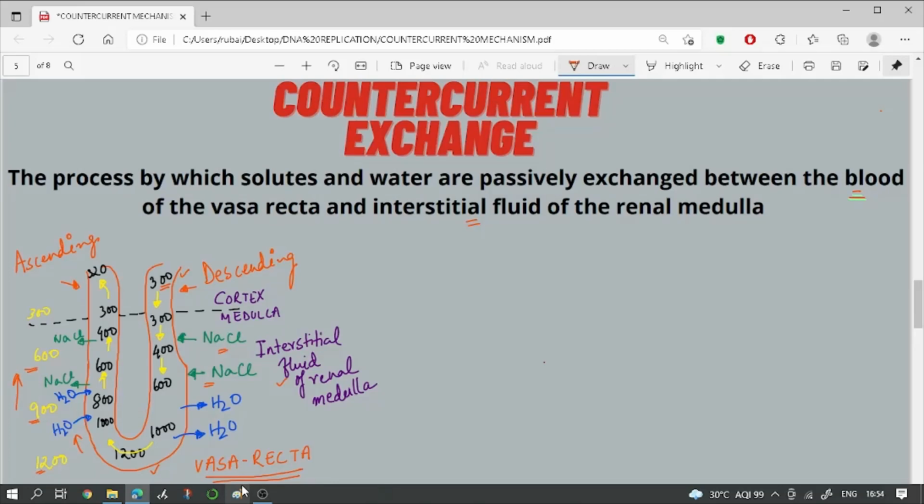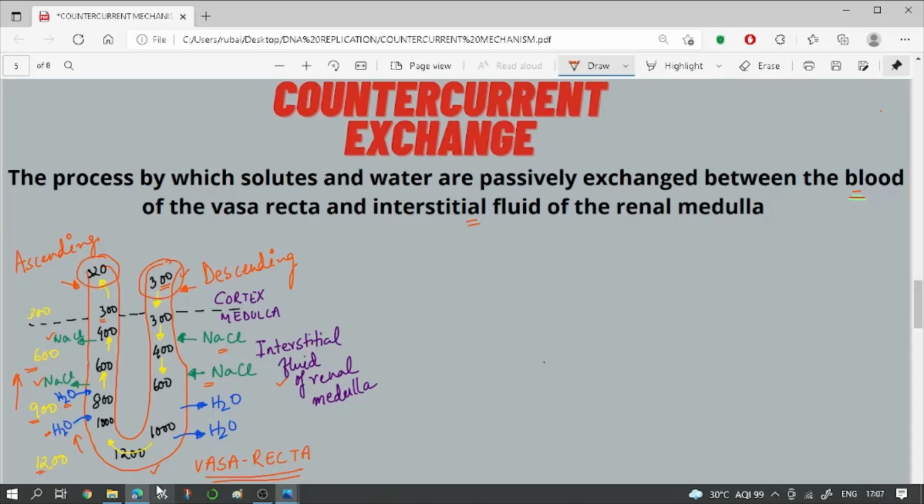As a result, the sodium chloride now starts moving out into the interstitial fluid and water diffuses from the interstitial fluid into the vasa recta. You can see the water molecules over here. So the water molecules diffuse back into the blood from the interstitial fluid, right?